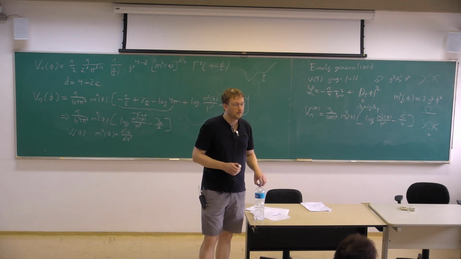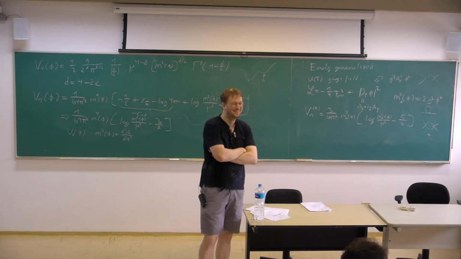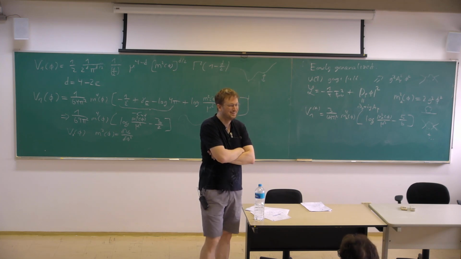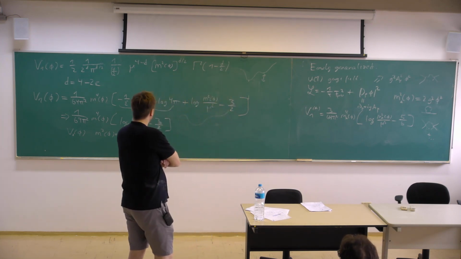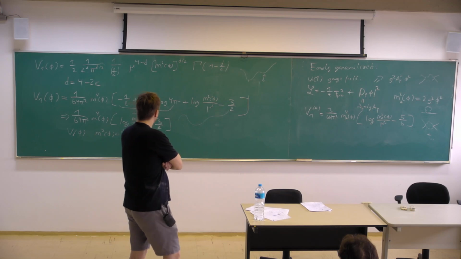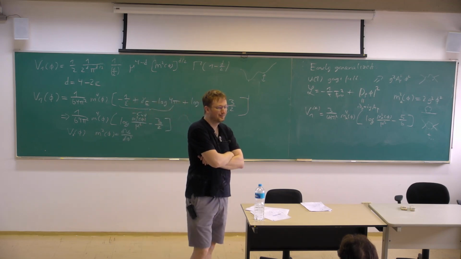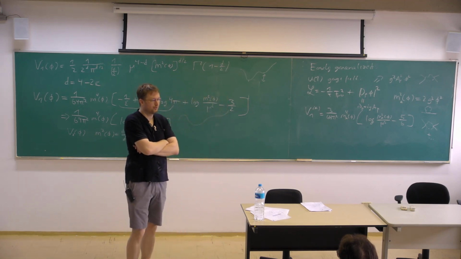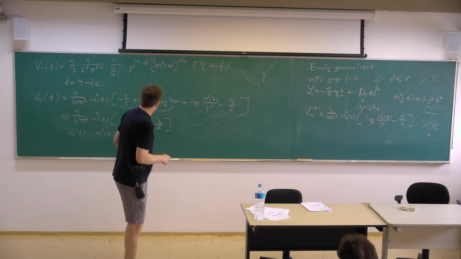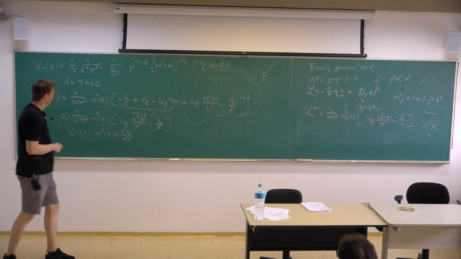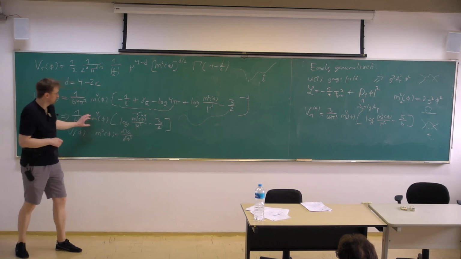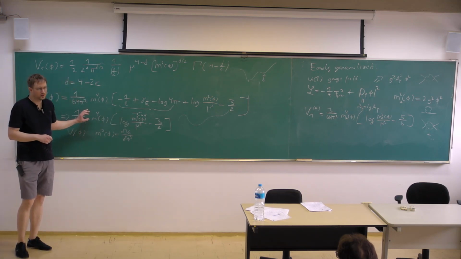Yes. The m squared of phi, you define it as m squared plus a term proportional to lambda. So this was for the phi-4 theory, right? For the phi-4 theory, but my point was that this formula applies more generally, even if I have a more generic potential.